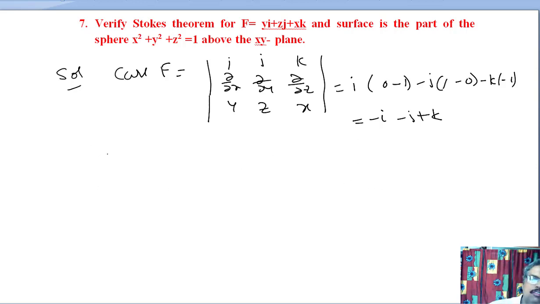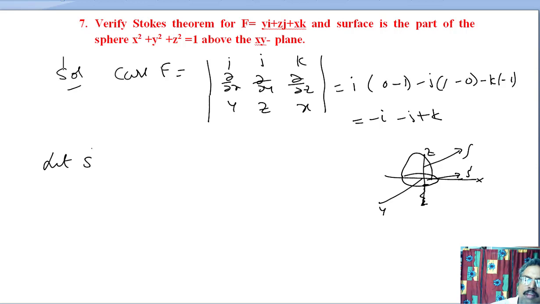Same procedure. S dash be the, now we already discussed it in our previous problem. This is a circular curve in the xy plane. This is z. Now omit this one. This is the sphere. This is S. This is S dash. So what is the normal?